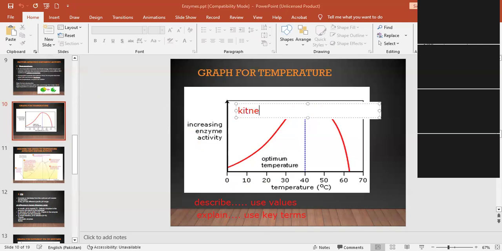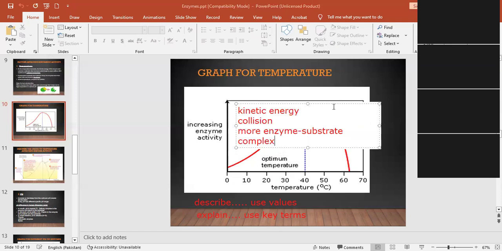Kinetic energy increases, so what increases? Collision. Collision of what? Enzyme. More enzyme substrate complex will form, so there will be more product.